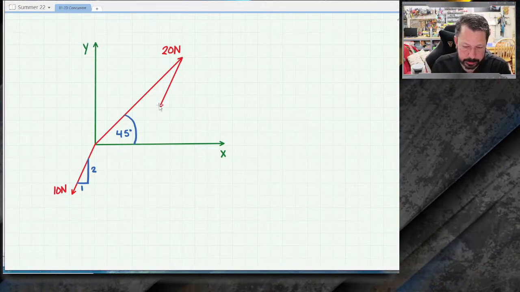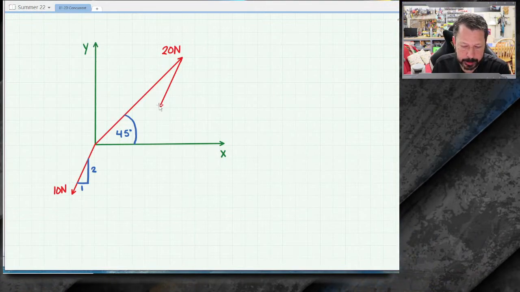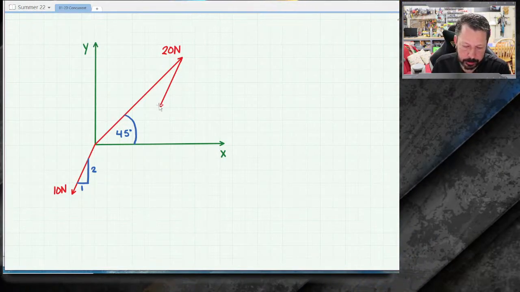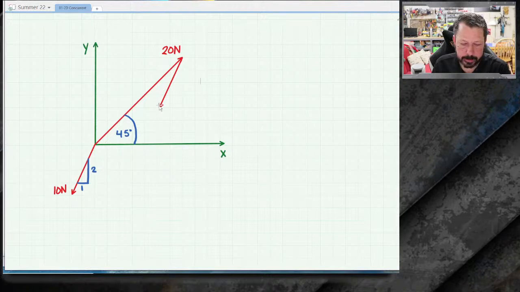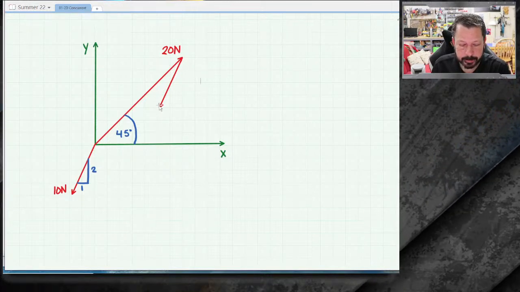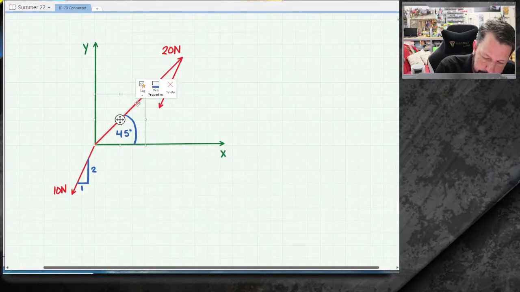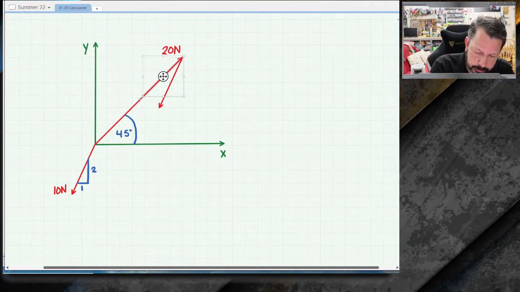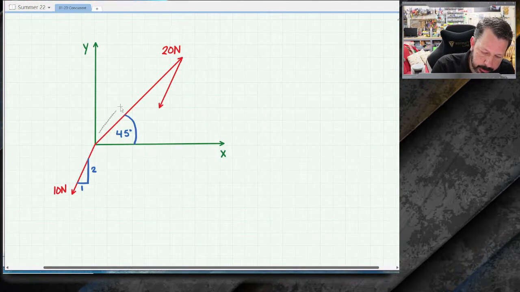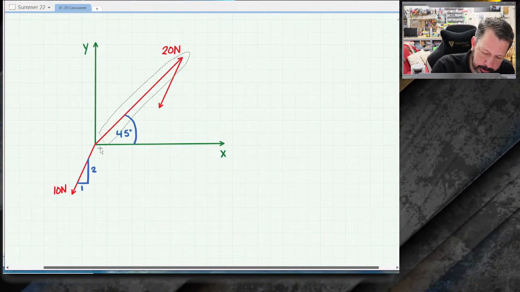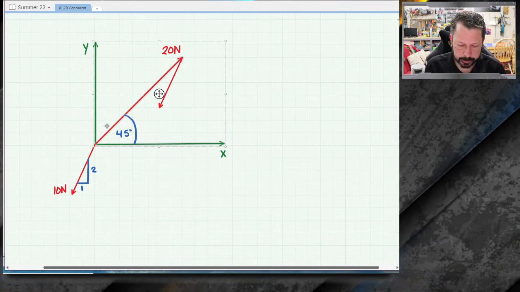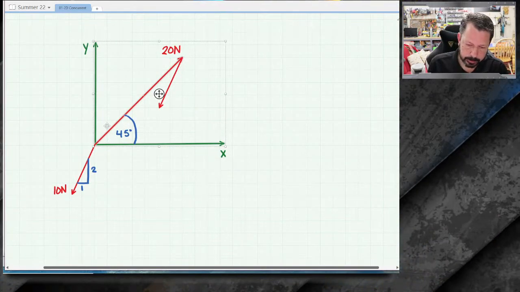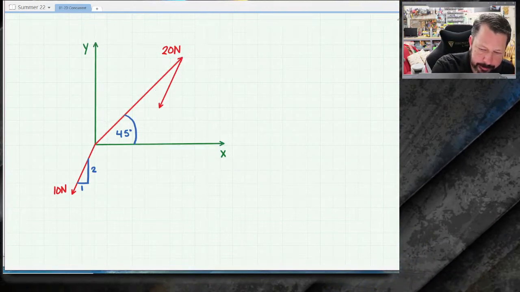So this parallelogram rule can give us a graphical way. If I finish the parallelogram, we'll just draw it because that'll be simpler.